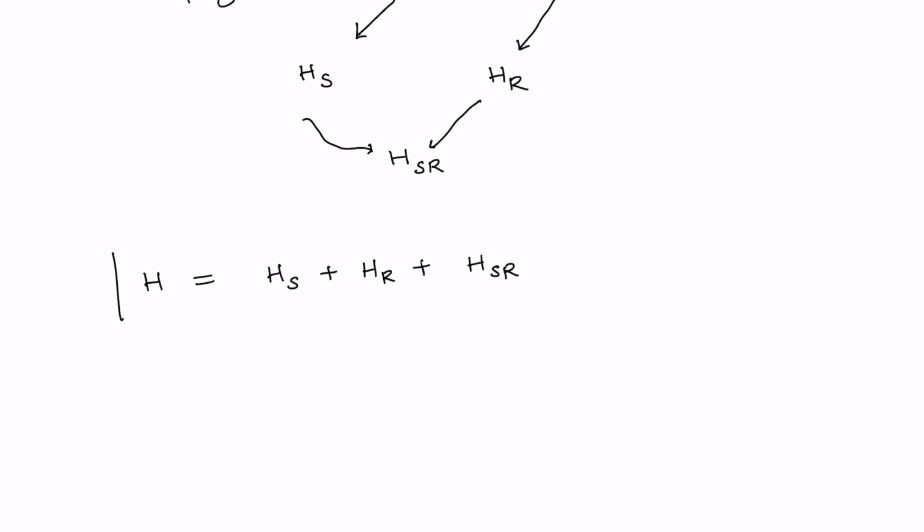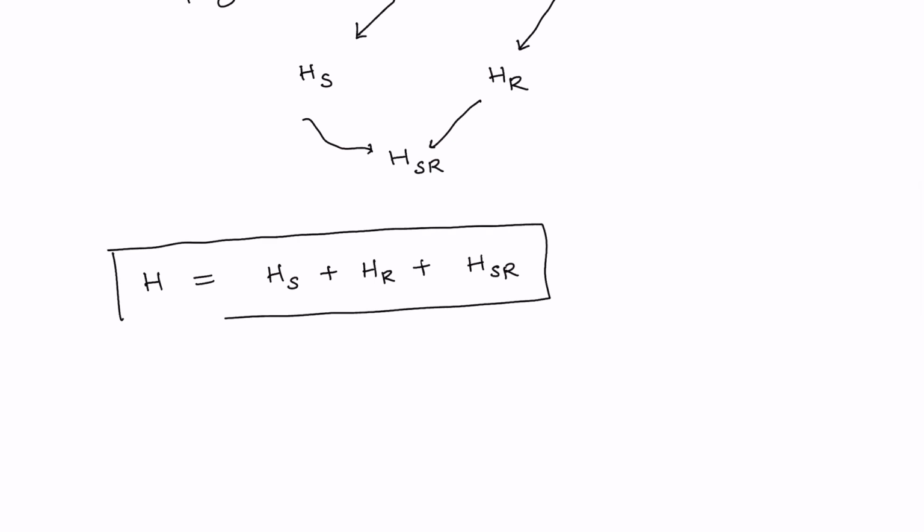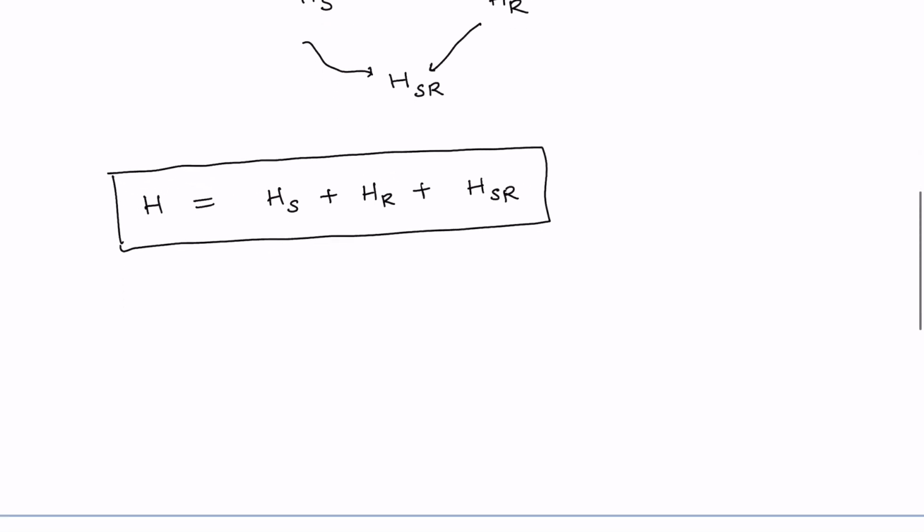Now the total system evolves unitarily, and this evolution equation for the total system is given by the density matrix equation, the so-called von Neumann equation.